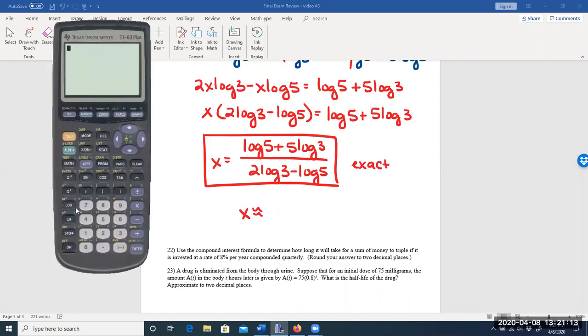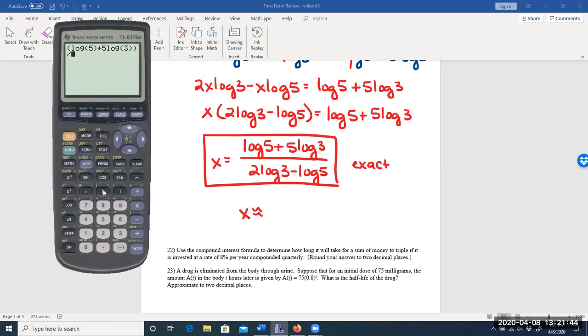So in the numerator, which I'm going to put in parentheses because both our numerator and our denominator have 2 terms. So numerator log of 5 plus 5 log of 3. And then I'm going to close my parentheses twice actually. So closing once for the 3 and then closing a second time because that's the end of the numerator.